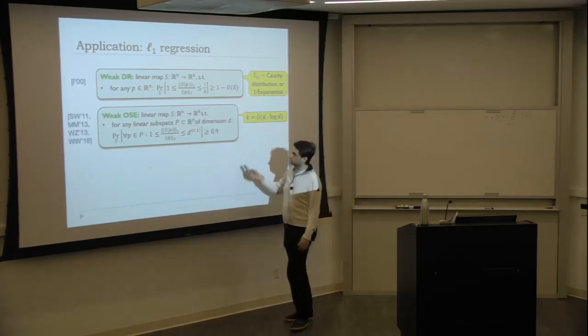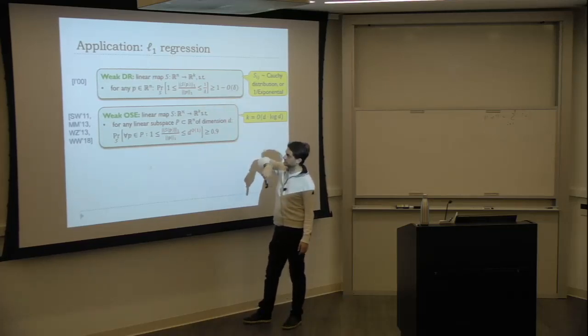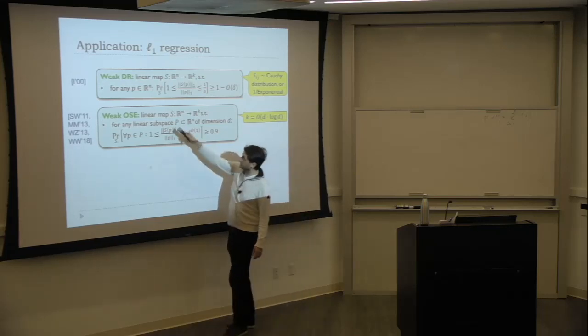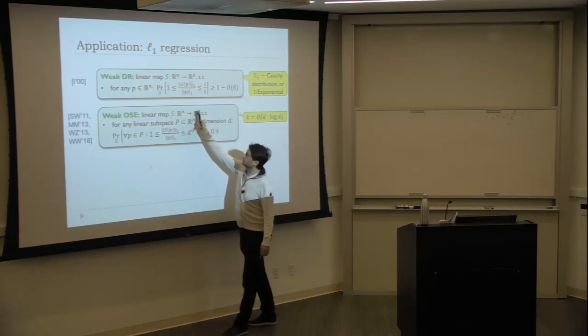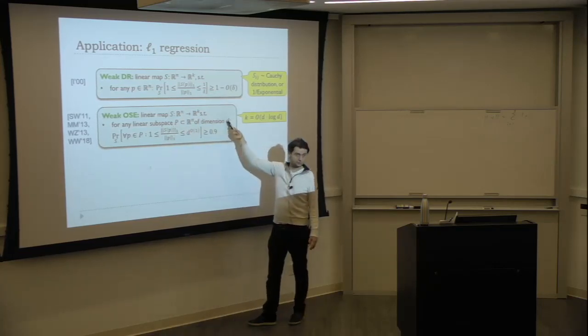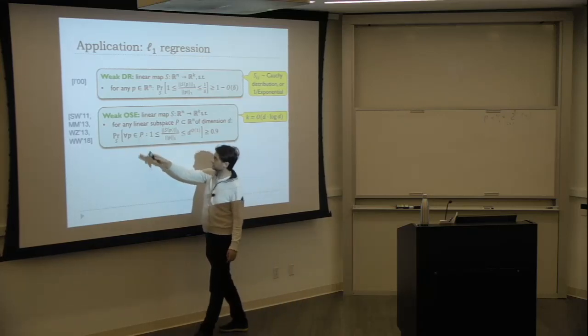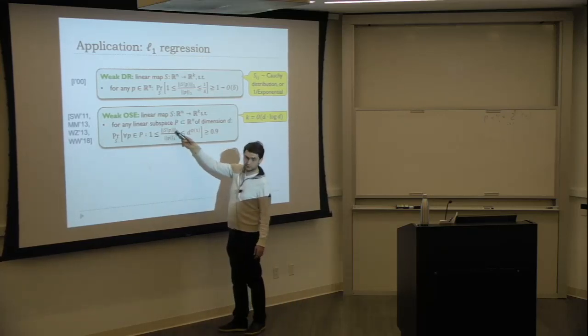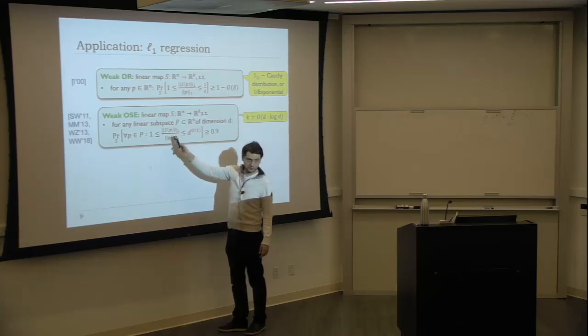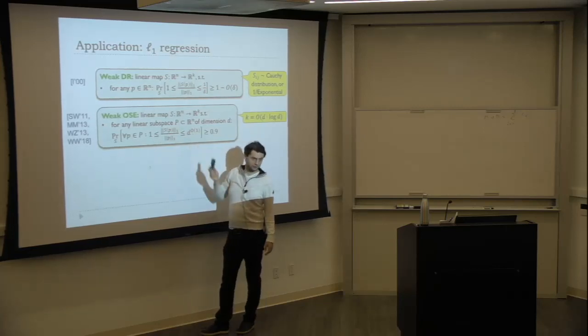We get a map that maps n-dimensional space into k-dimensional space, such that for any linear subspace of dimension d, so this is so far exactly like it was for oblivious subspace embedding yesterday, for any point P in this subspace, the L1 norm of the projected point is equal to the original L1 norm up to a factor of d to some constant.